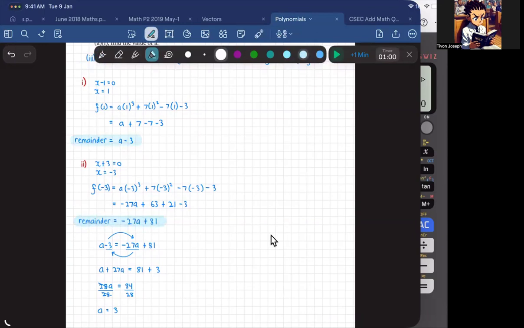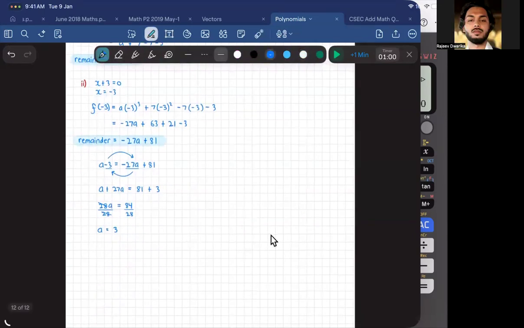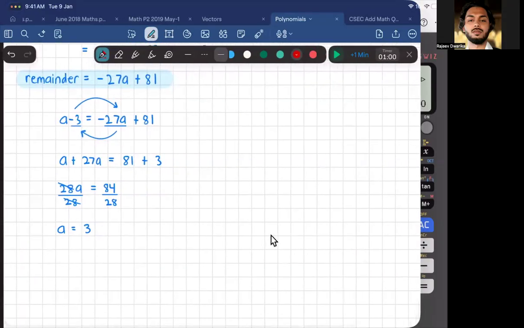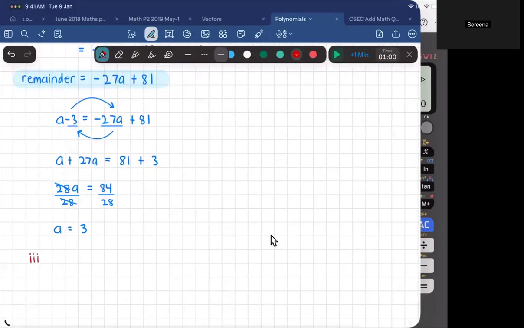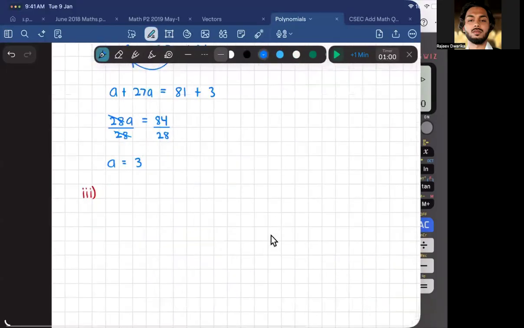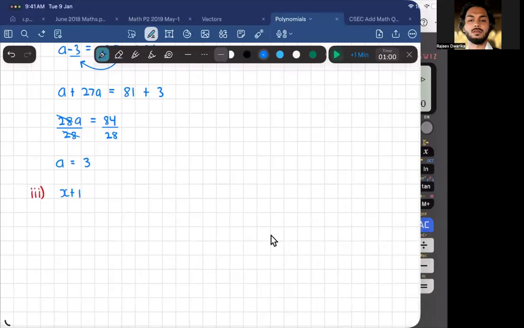All right. So, Serena, let me know if you're 100% confident in it now. Yes. All right, so let me just finalize this. We're going to say x plus 1 is a factor because f of minus 1 is equal to a minus 3, which is equal to 3 minus 3, which is equal to 0, right?